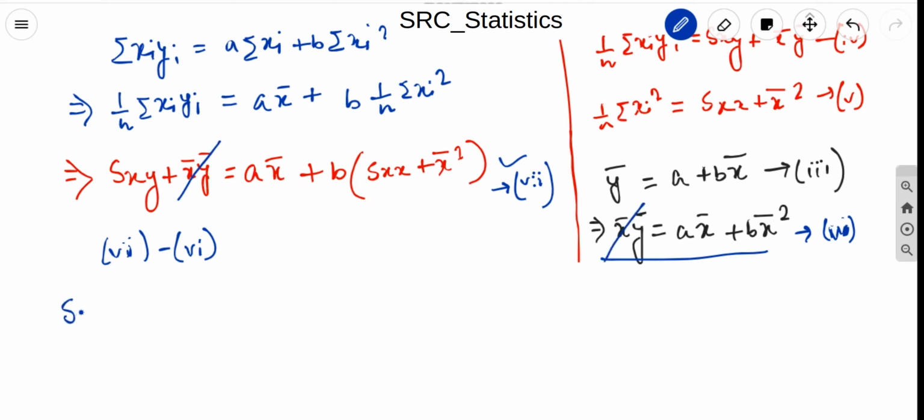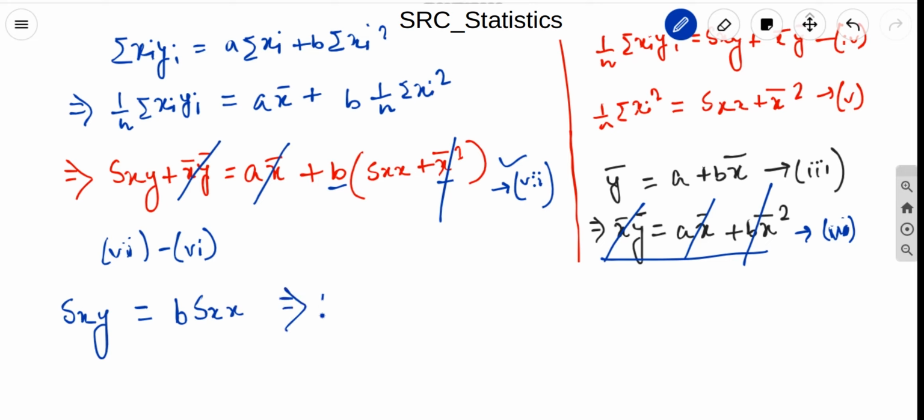So in the left hand side we are left with sxy, and in the right hand side a x bar gets cancelled, and also b x bar square gets cancelled. So in the right hand side we are left with b into sxx.